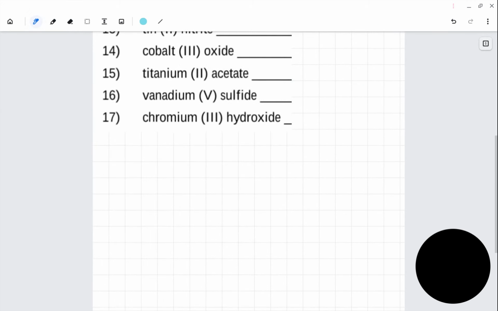Let's say we have lead, and you're given the chemical formula, and you knew that it had bonded with, let's say, sulfate, so SO4, but it took 2 of them.